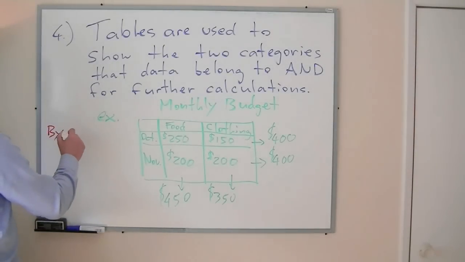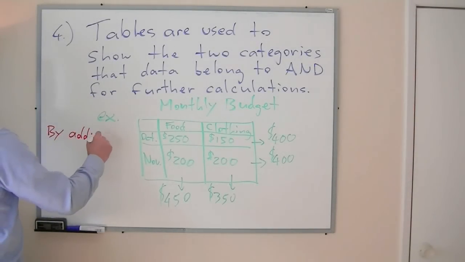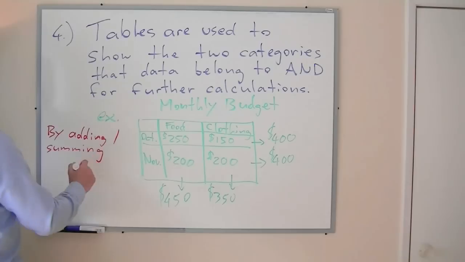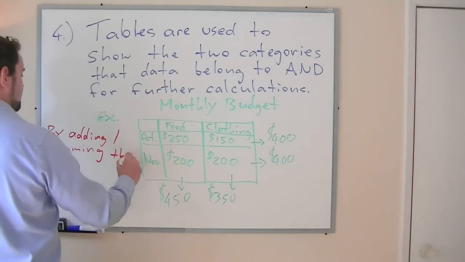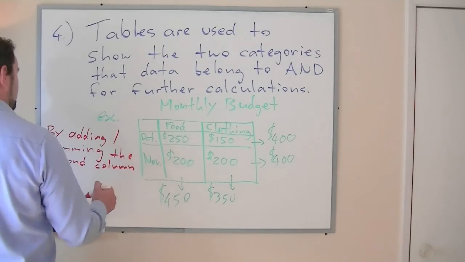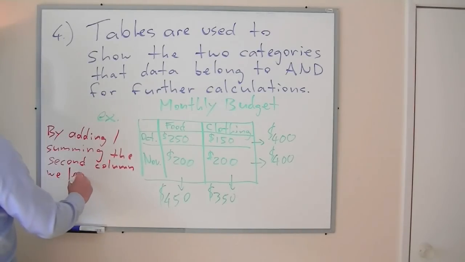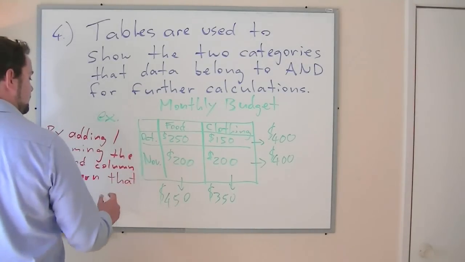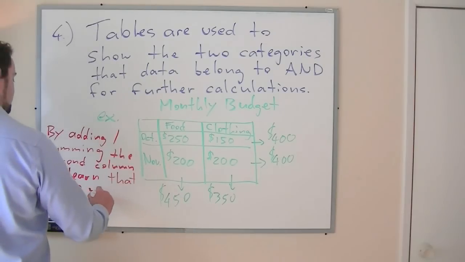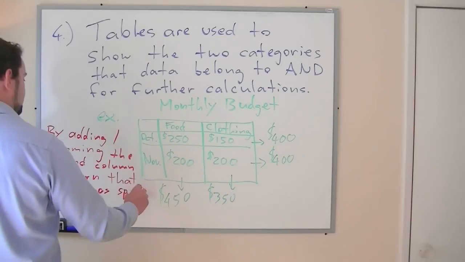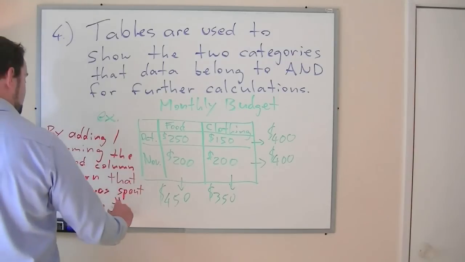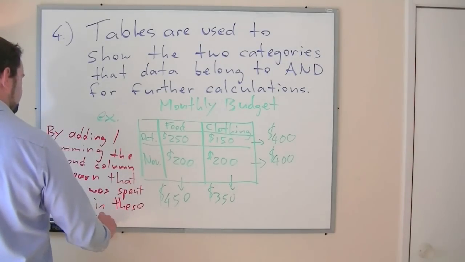By adding, or we can also say summing, to use some nice synonyms or paraphrasing, the second column, we learn that $450 was spent on food in these 2 months.